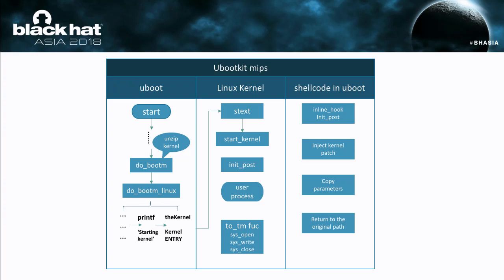At the end, init_post will be called, and in this function, the kernel will start the first user space process by calling run_init_process. The execution flow will jump from the kernel space to the user space after that. This is the standard IoT device startup process. Next, let me introduce how to inject malicious code into the bootloader and finally complete the attack.